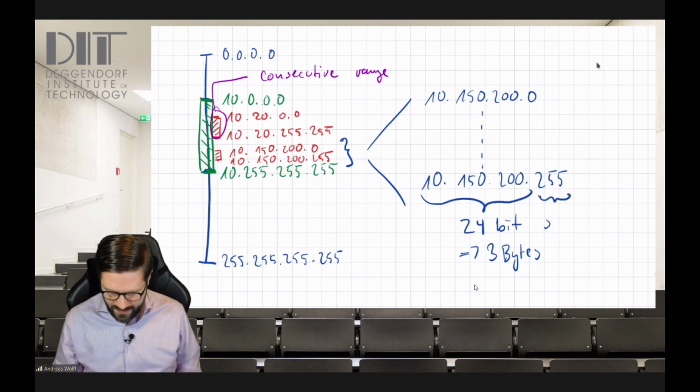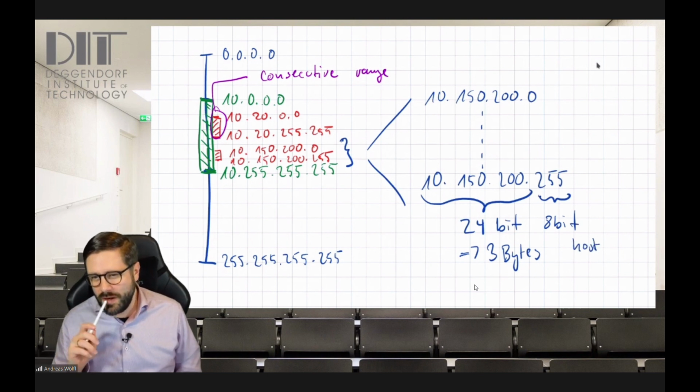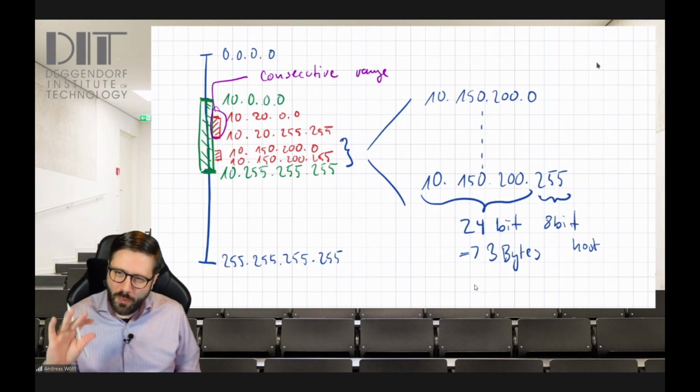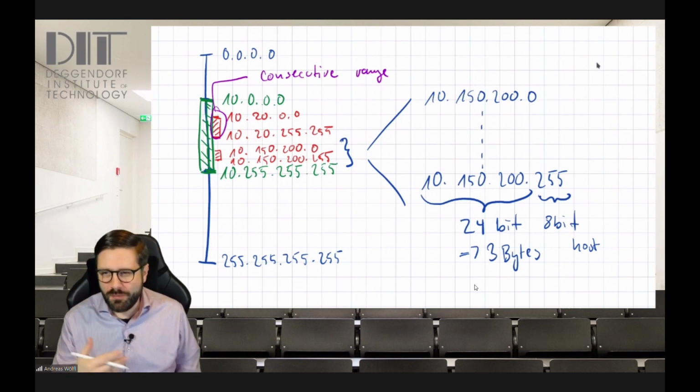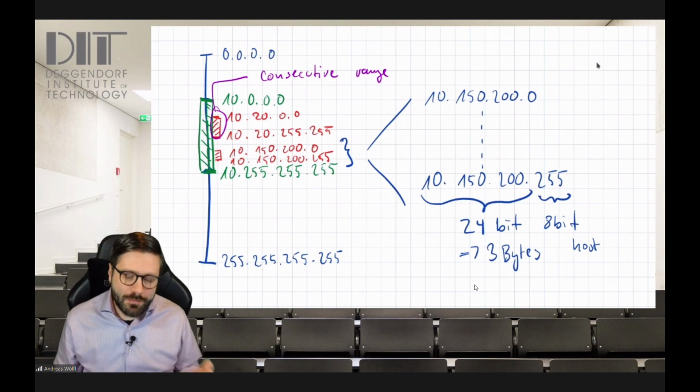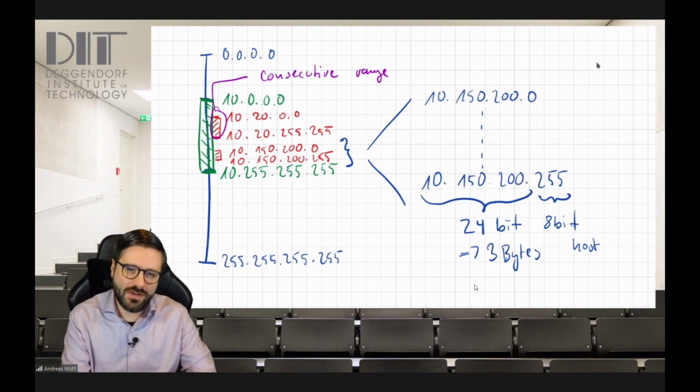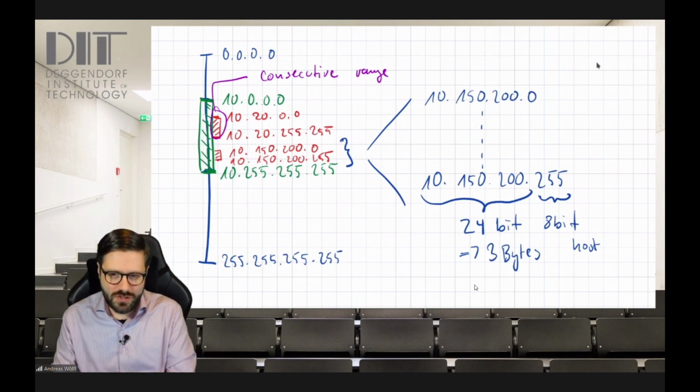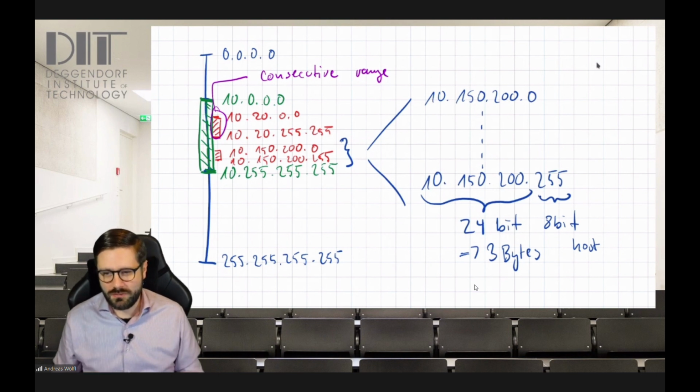And the last 8 bits, this is the host portion. And you see it in the range, because the host portion defines the range of IP addresses that are possible in a specific subnet. The network portion does not change, right? So the network portion identifies the network and the host portion identifies the host inside that network.